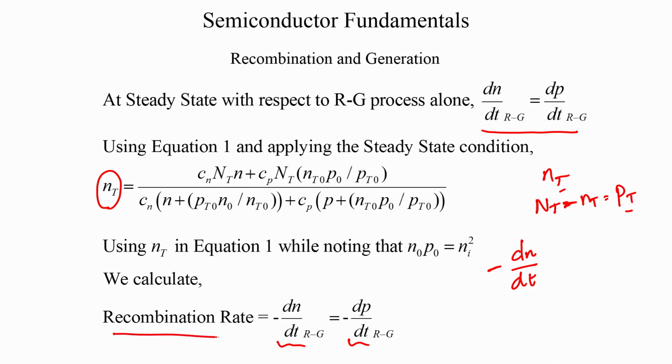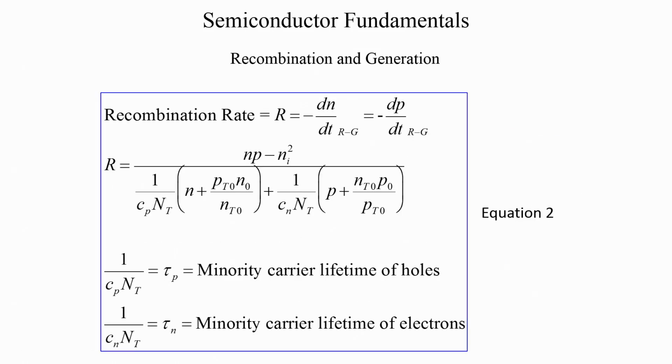So, we can calculate our recombination rate. In steady state we find that the recombination rate is given by this equation here, and this is a very useful equation, we will give it a special label and call it equation 2.